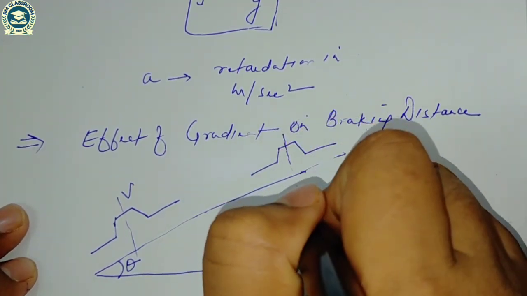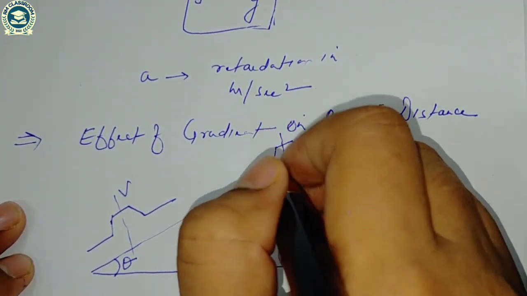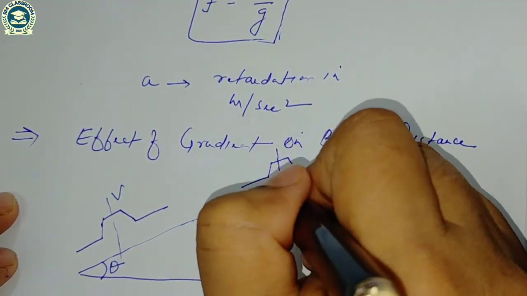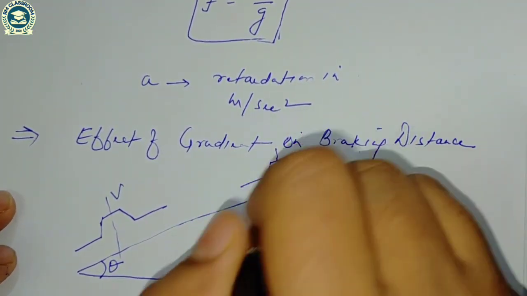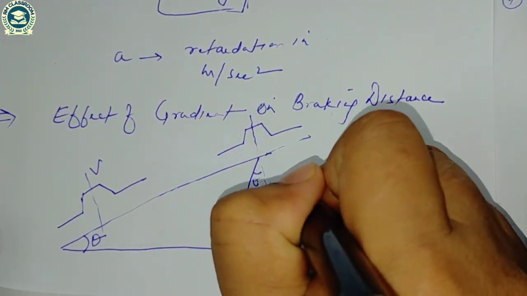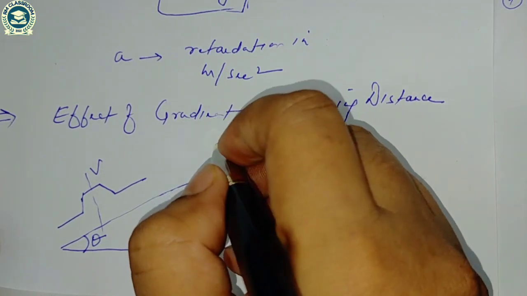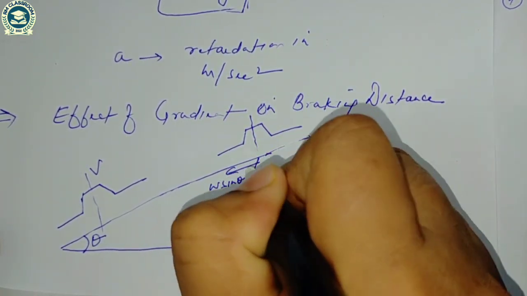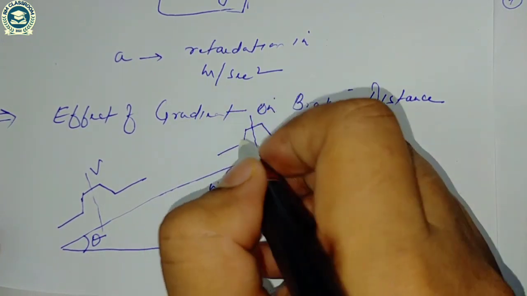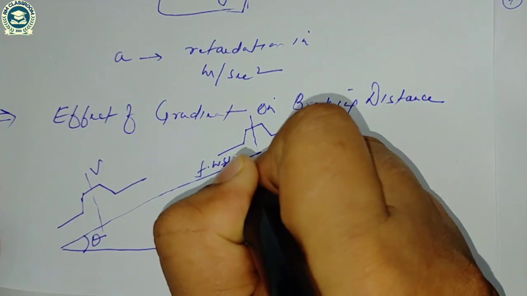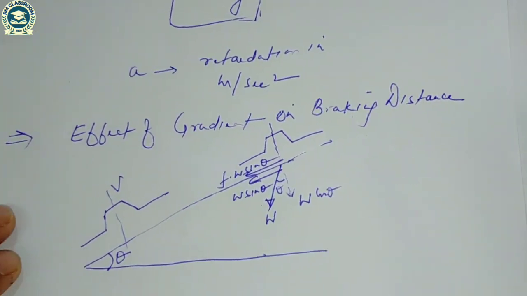This is w, this angle is theta, so we can write w cos theta, and this component is w sin theta. So the force in this direction is f into w cos theta plus w sin theta.